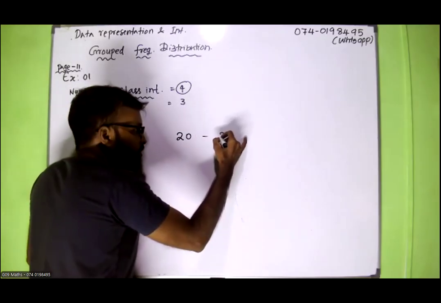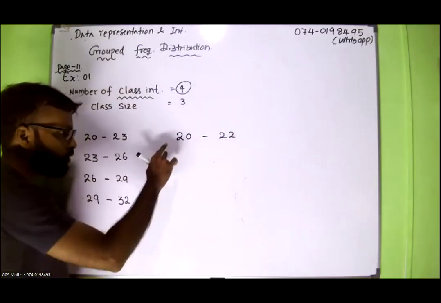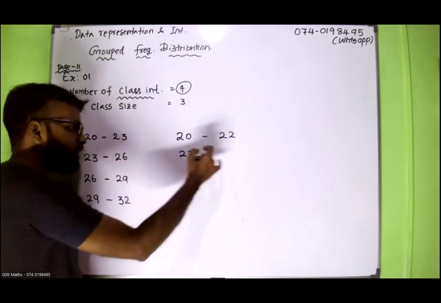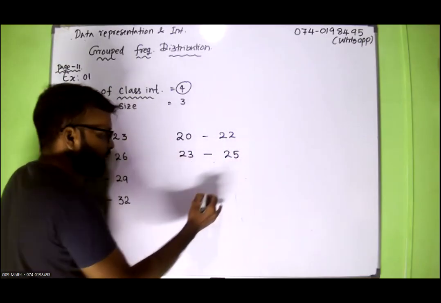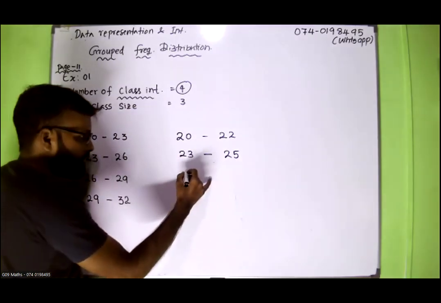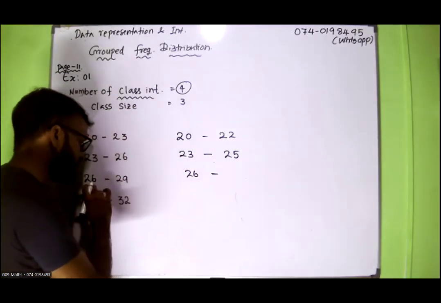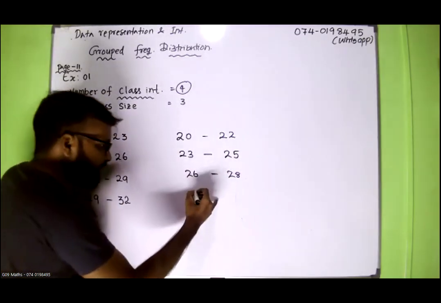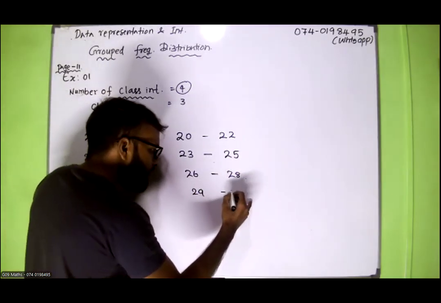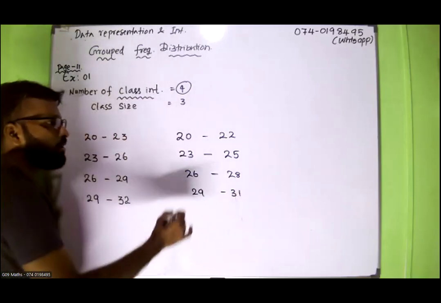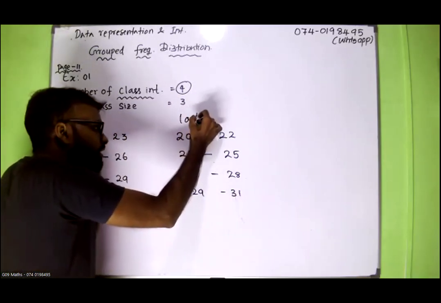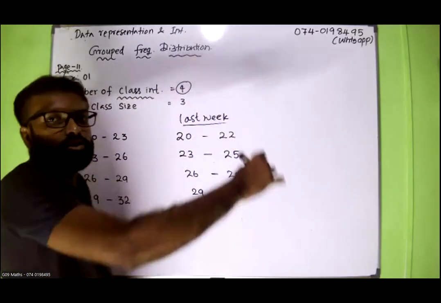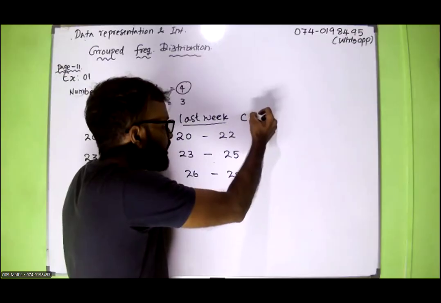Last week we did something like this: 20 to 22, and we started from 23, 23 to 25, and 26 to 28, 29 to 31. These are from last week, last week's class intervals, CI.